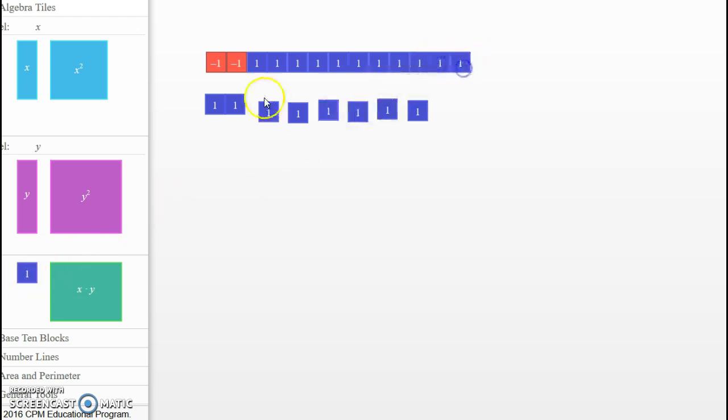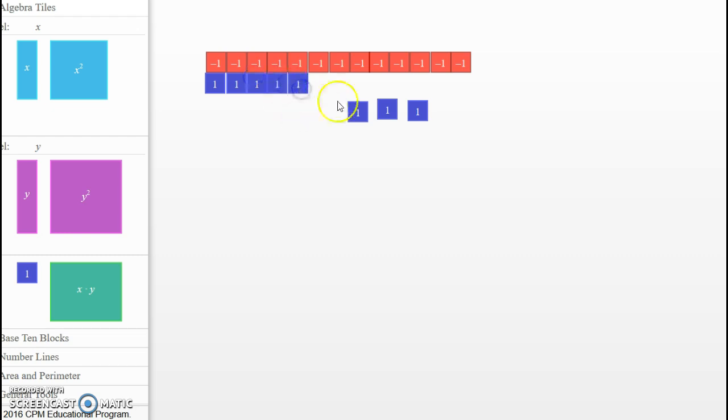And all of these are negatives. I'm just going to click on them once to turn them negative. Okay, I see that a bunch of them are going to pair up to be 0, leaving me with 1, 2, 3, 4, 5 negatives left over.